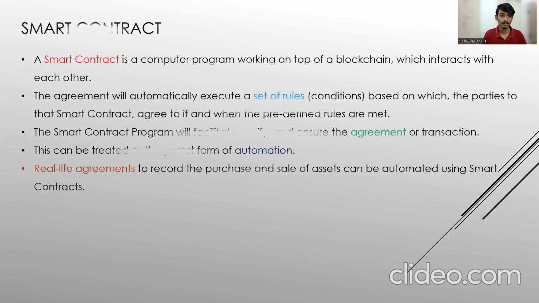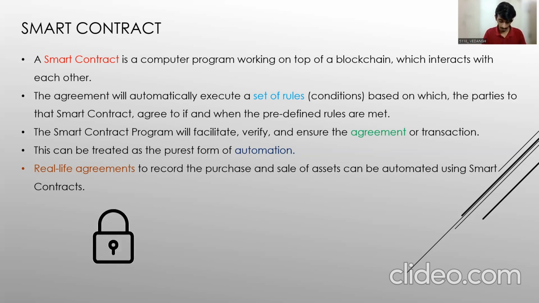So first, let's discuss a smart contract. A smart contract is an automated contract which is executed when certain conditions given by the parties, called the consensus protocol, are met.